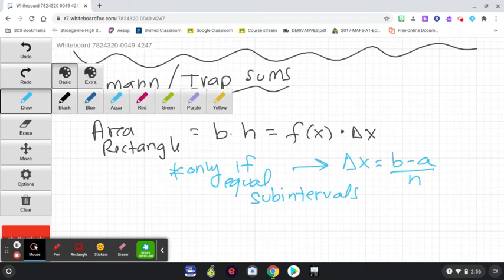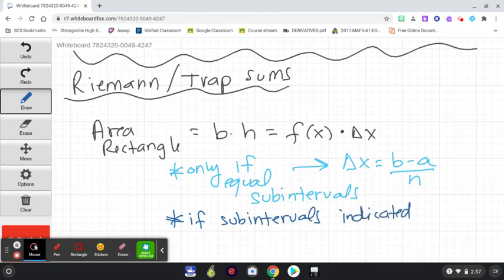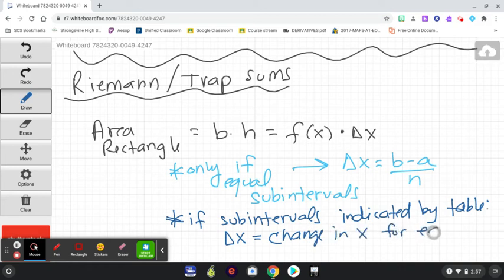If I don't have equal subintervals, if the subintervals are indicated by the table, then the delta x is equal to the change in x, okay, for each subinterval.